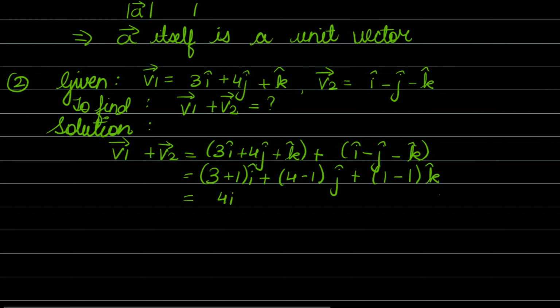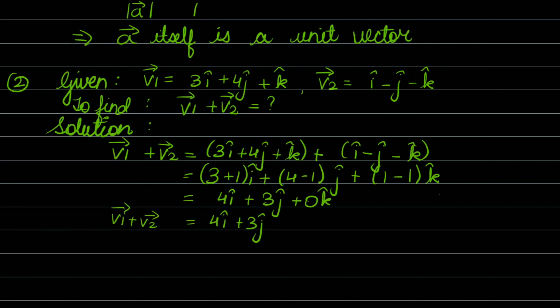We get 4 i cap plus 3 j cap plus 0 k cap. So the final value is 4 i cap plus 3 j cap. This is our value for V1 vector plus V2 vector.